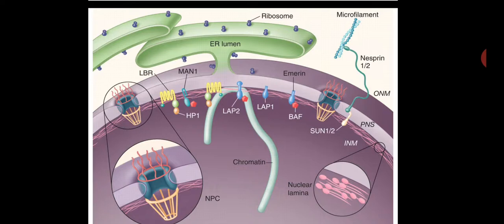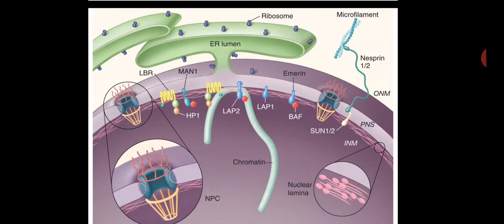The nuclear envelope has a double membrane structure. Like all other plasma membranes, the nucleus contains two membranes, outer and inner, and both are unit membranes.